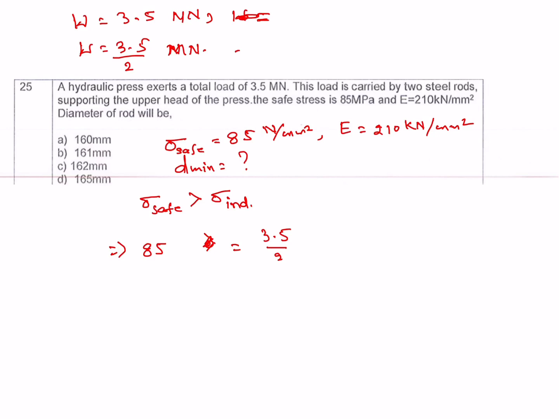How much will you get? Stress equal to load by area. So from here you will get 3.5 by 2 divided by area. It's a rod, so pi by 4 D minimum square. You will get 2 here.